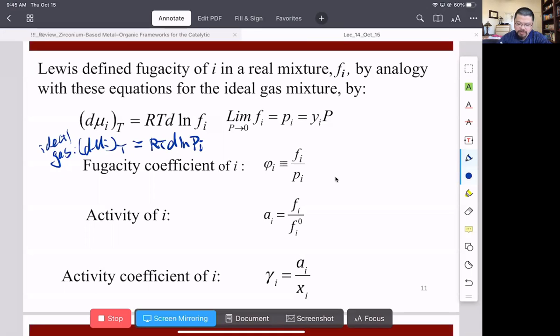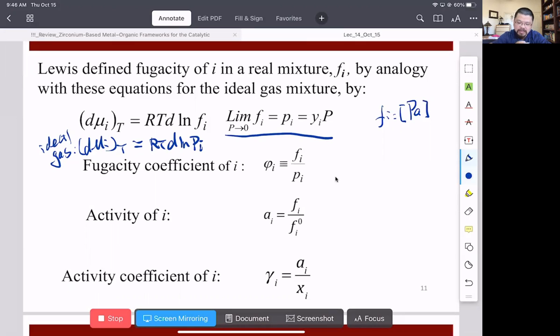One note here is that the fugacity shall have the same unit as the pressure, right? Because it's defined by comparing to the partial pressure. And we also need to have this limit: when we push the pressure back to the low pressure region, when pressure approaches zero, then the fugacity returns to the partial pressure.